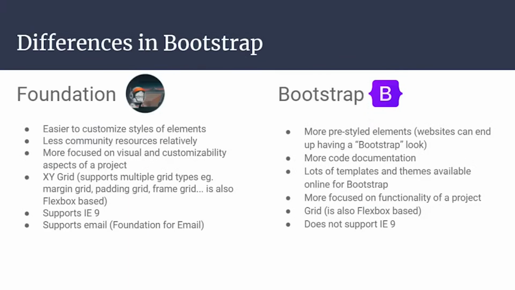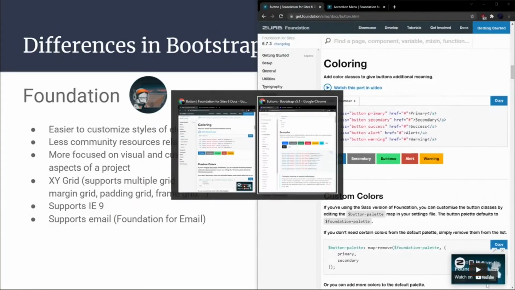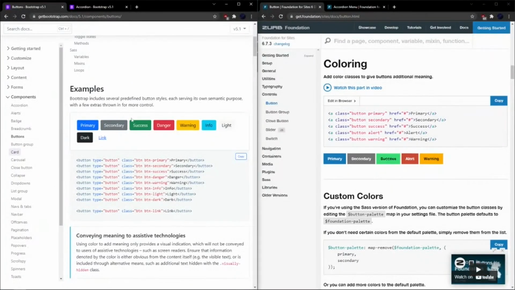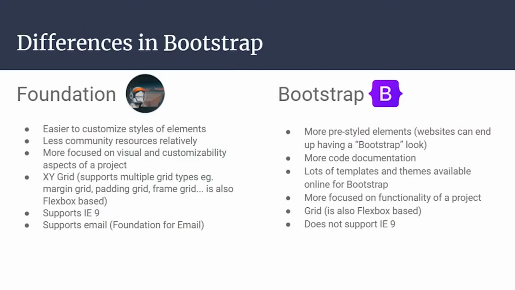Let's compare differences between Foundation and Bootstrap. In Foundation, it is easier to customize styles of elements, while Bootstrap has more pre-styled elements. For example, Bootstrap's buttons have a lot more styling going on with them compared to Foundation's.